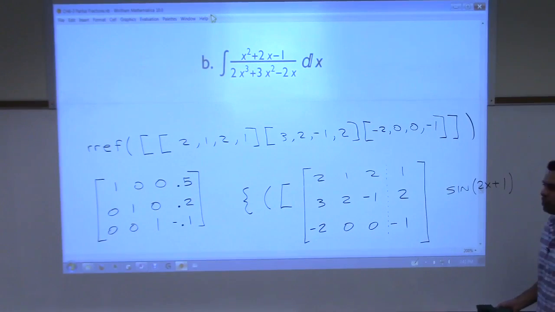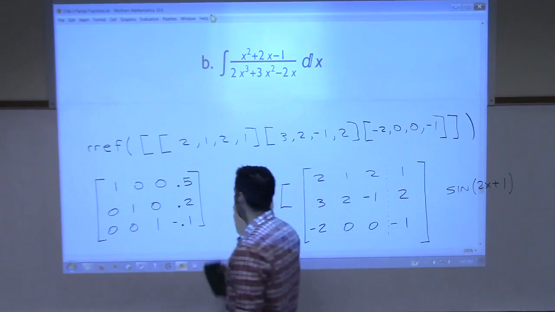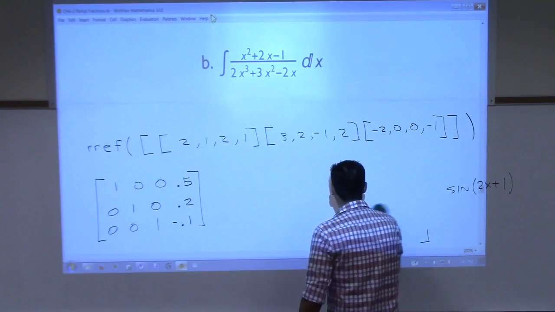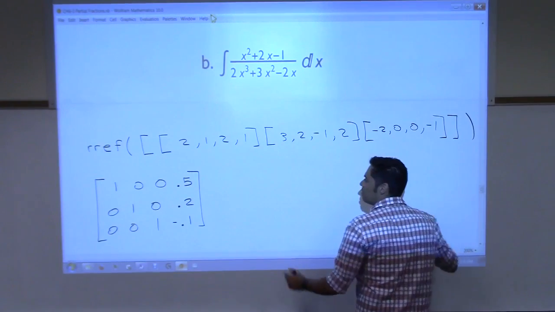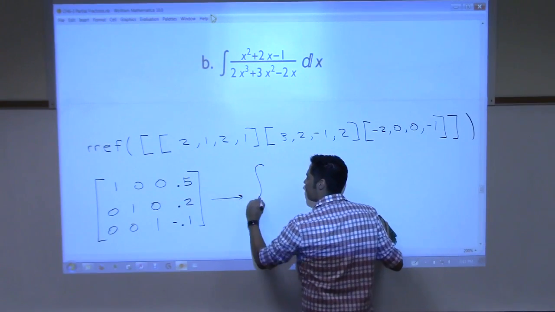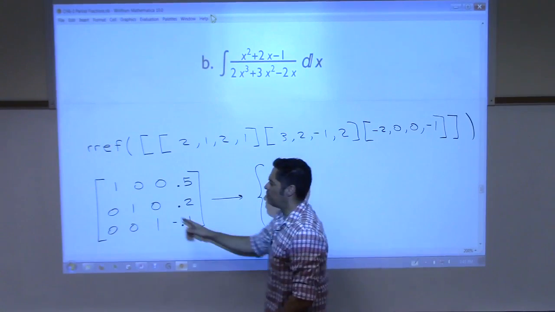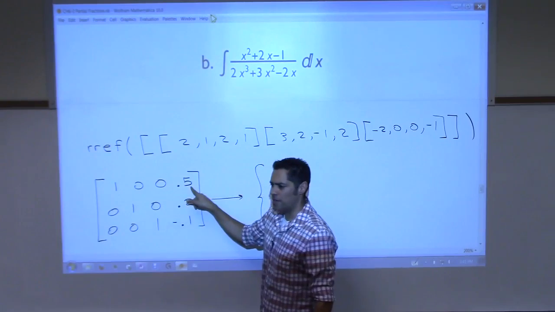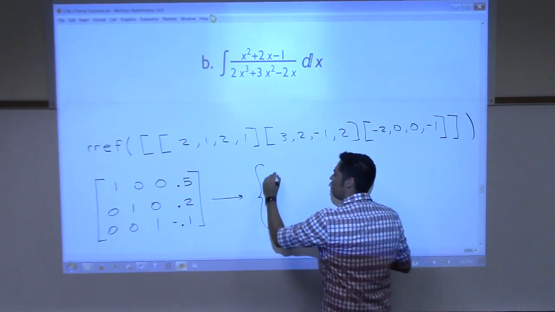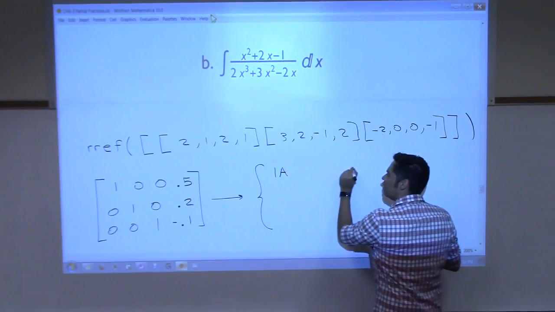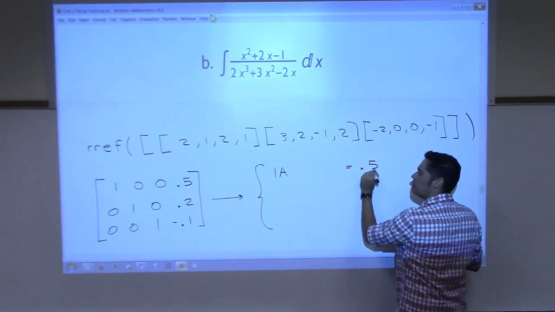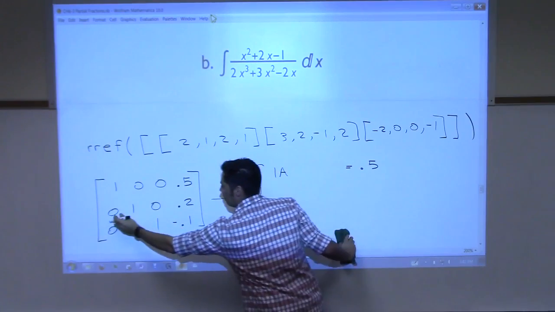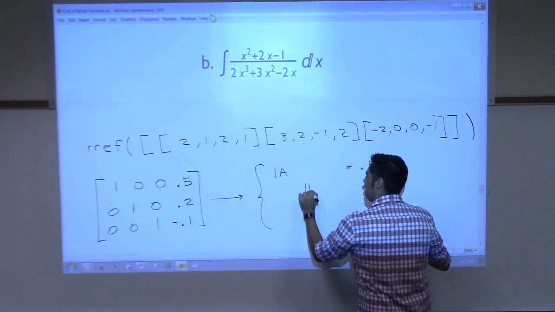Now let's just real quick interpret what this means. If I ask you to take this and turn it back into a system of equations, remember, this was the coefficient on A, on B, on C, and then equals this, right? So wouldn't this be saying 1A equals 0.5? And wouldn't the next one be saying 0 here, and that would be 1B, or just B?